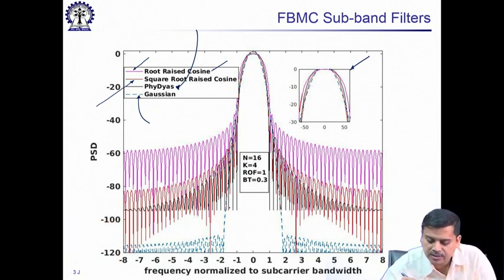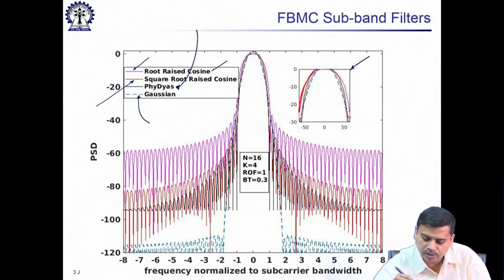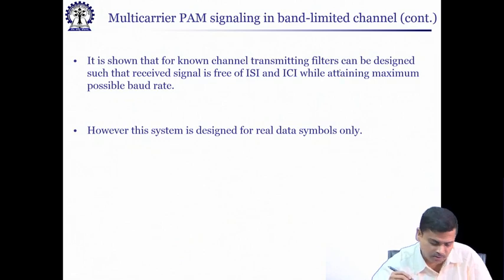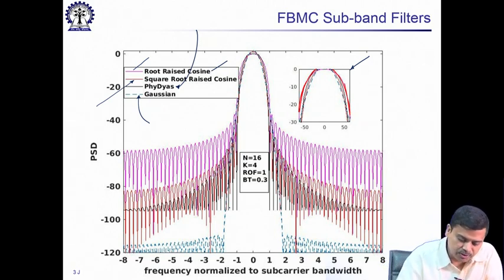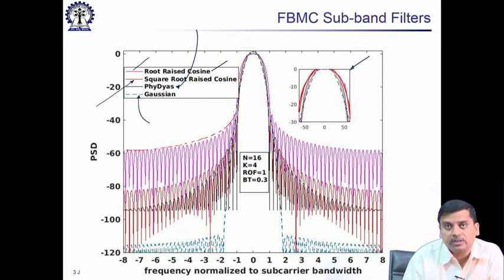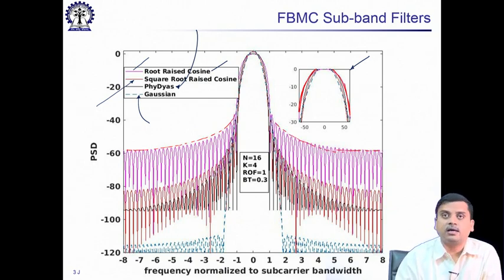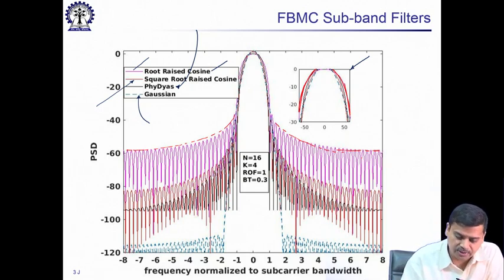This particular one is the one for the raised cosine. And what we can also see is that the raised cosine envelope for out of band is as per this, which is significantly high, or the highest amongst the related ones that we consider.